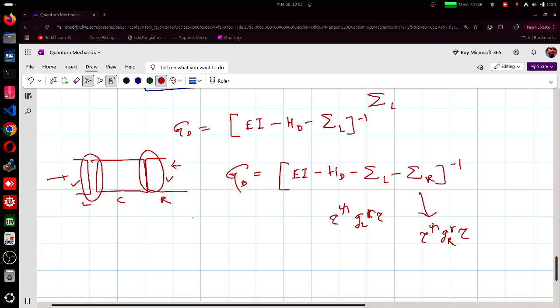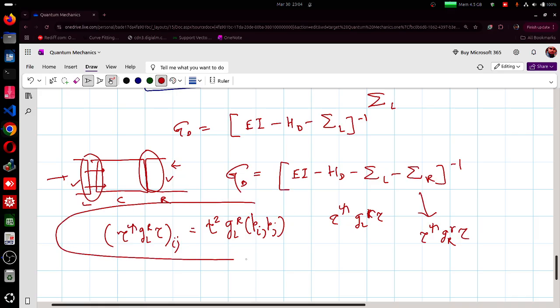For nearest neighbor conduction, we can write this tau dagger GLR tau, the ijth component, will be nothing but t squared, if t is the hopping strength, because t star t will be t squared, and GLR will be nothing but G corresponding to pi pj, because pi is only connected to the ith site and pj is only connected to the jth site. So only these elements survive, other elements will be zero.